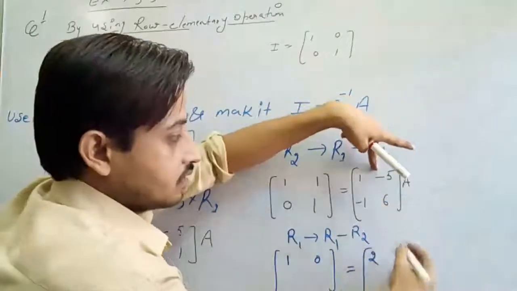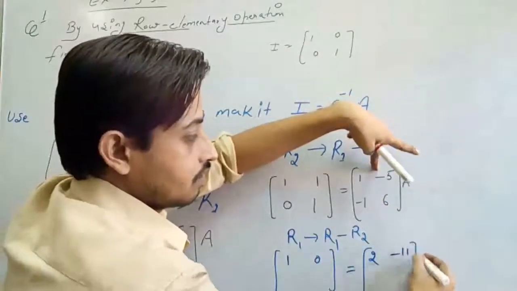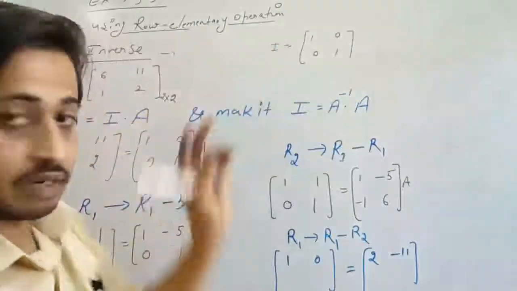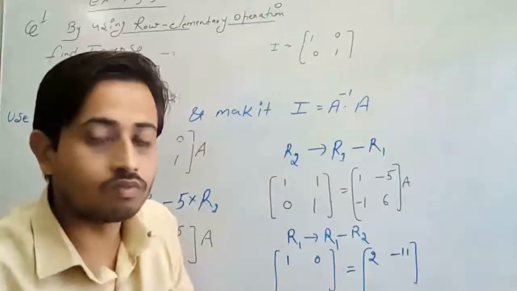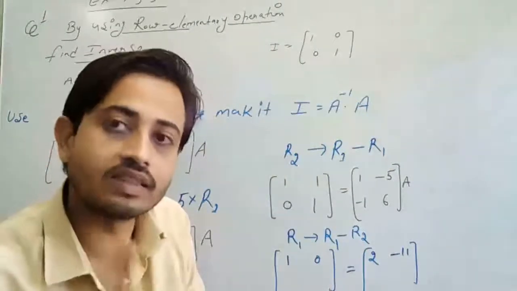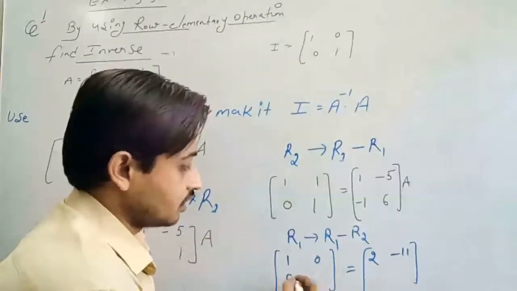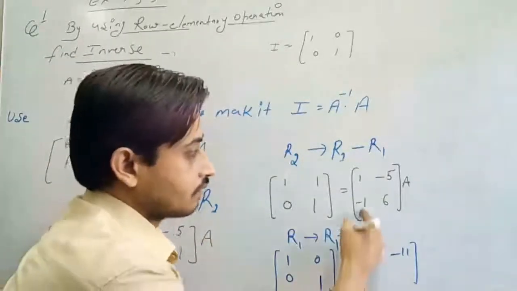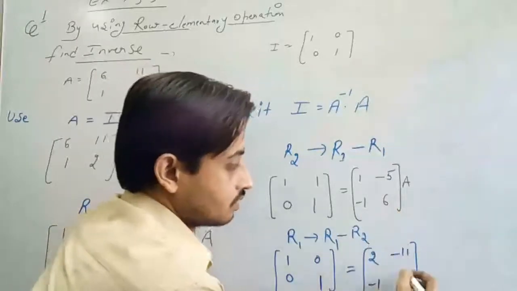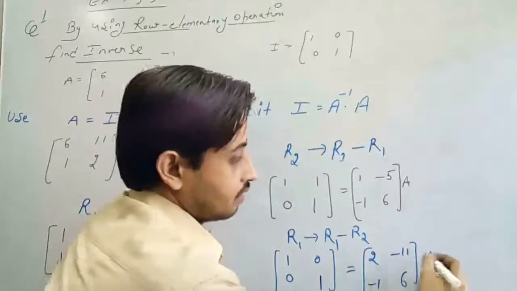Minus 5 minus 6 is minus 11. Now the second row will not be changed, because we are applying the operation on the first row. So this remains the same: 0, 1, minus 1, 6 and 8.